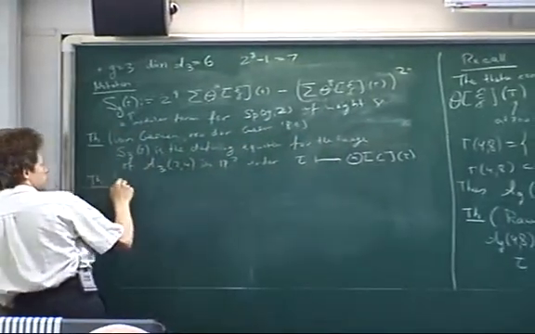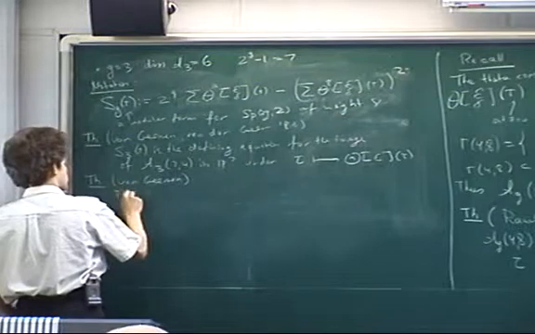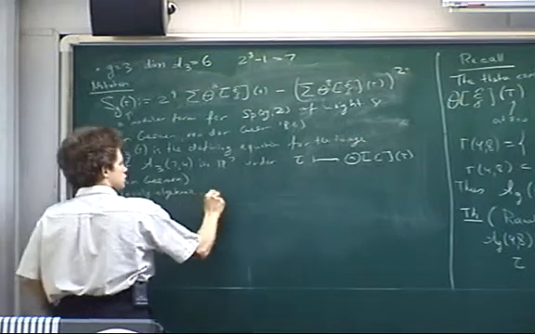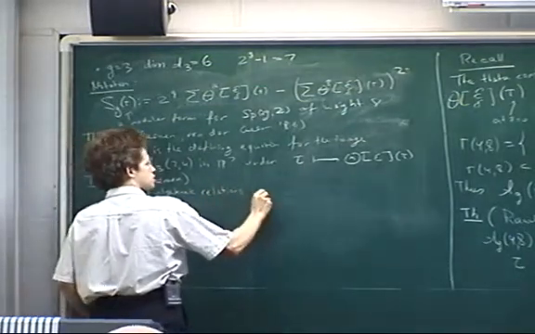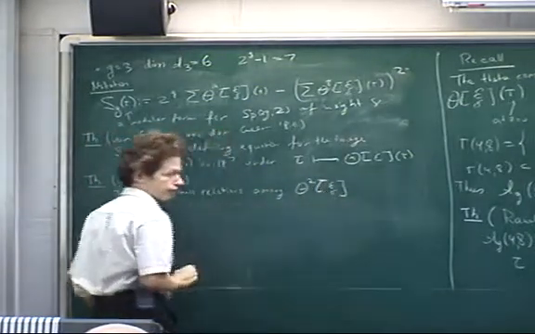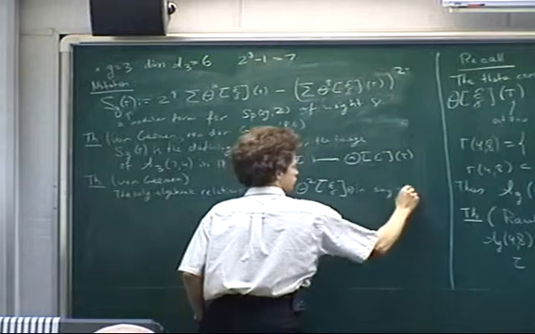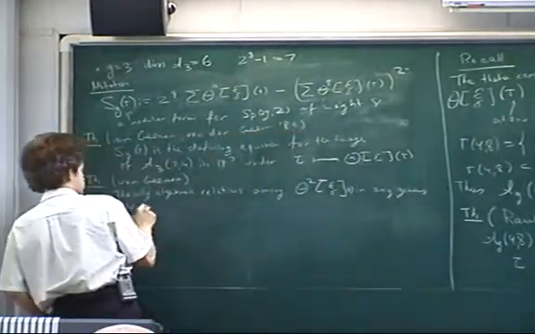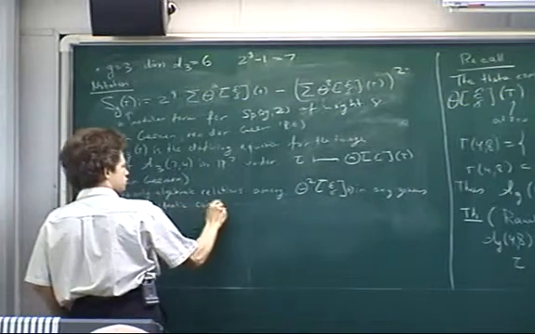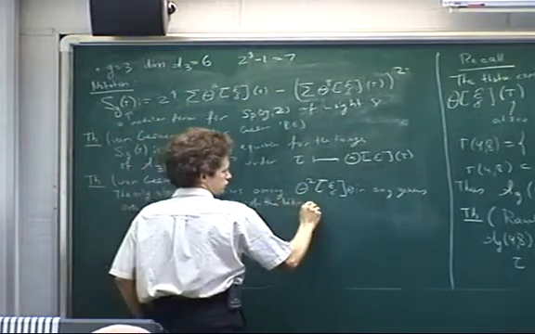Well, there is also a theorem due to Van Geemen, which says the following. The only algebraic relations among theta square epsilon delta in any genus are quadratic, and they are corollaries of the bilinear identity.